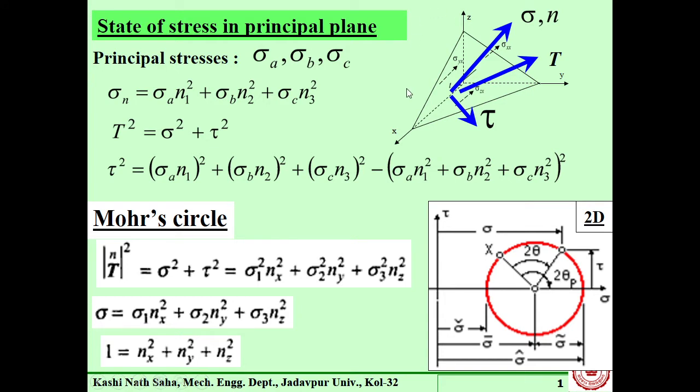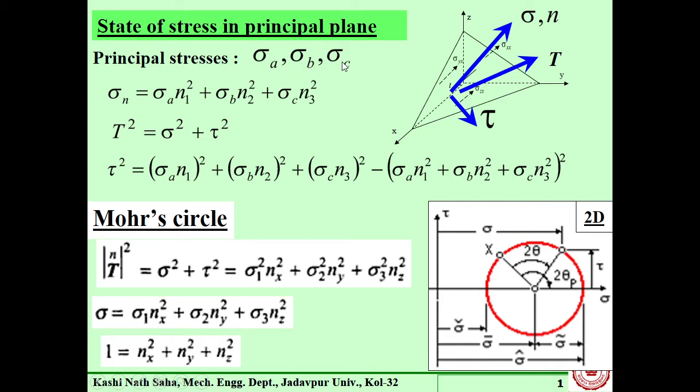Now, this is what we were analyzing initially, our state of stress in the XYZ coordinate system. From that analysis, we obtained these principal stresses. Along with that, we know the directions of sigma A, sigma B and sigma C.